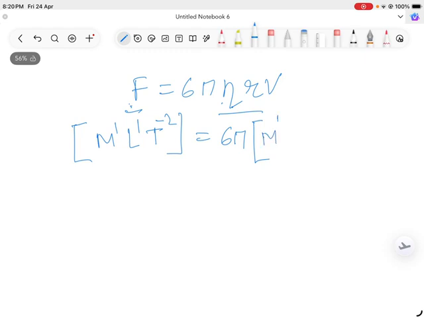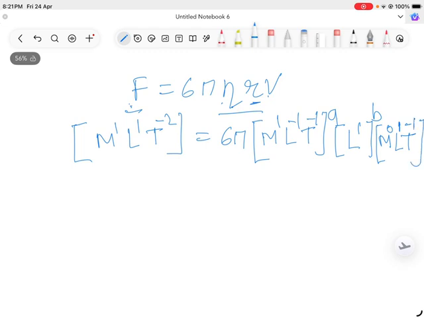So I write here M1, L minus 1, T minus 1 raised to the power A. R means distance. Its dimensions are L1 and it's raised to the power B. Then V, dimensions of V are M0, L1, T minus 1 and it's raised to the power I can take C. Now solid, that is M1, L1, T minus 2, left hand side as it is.